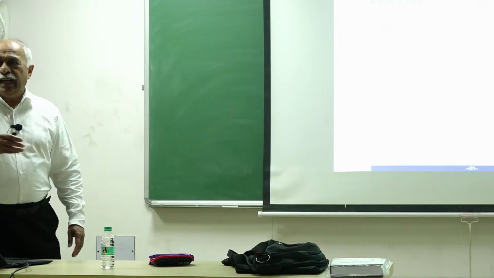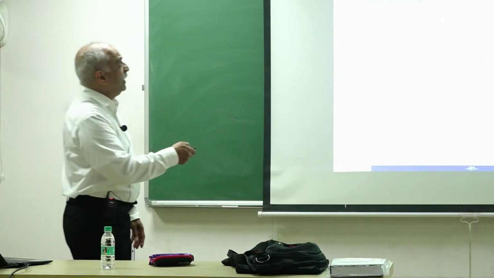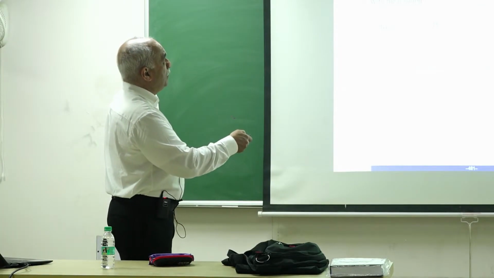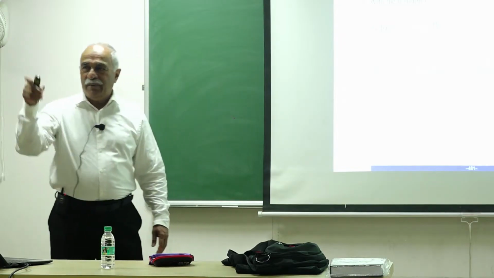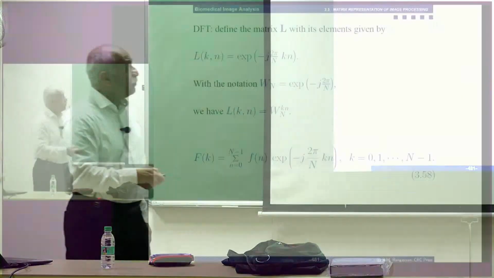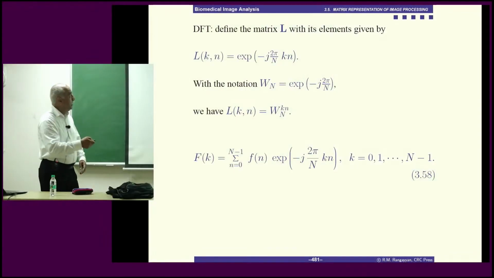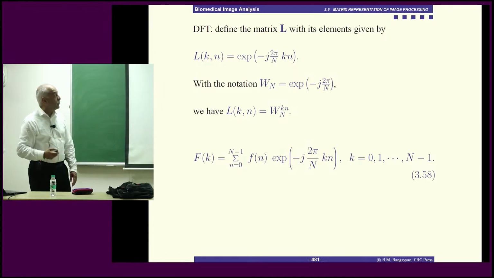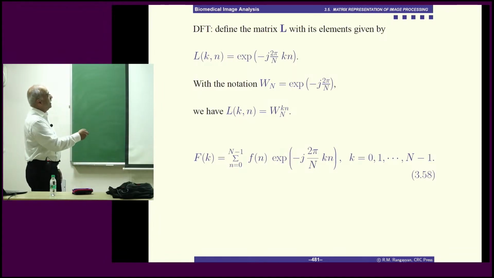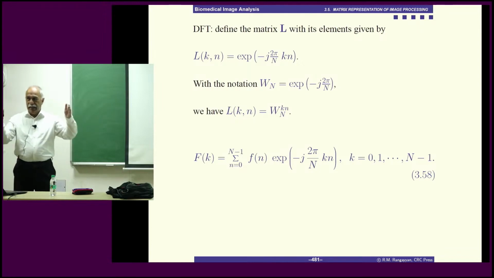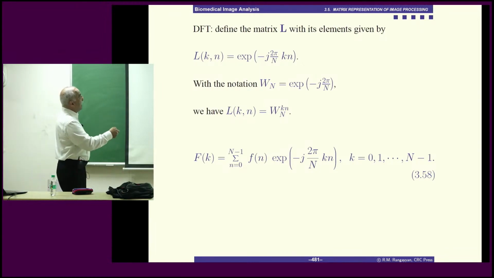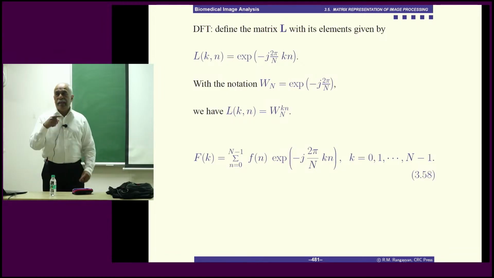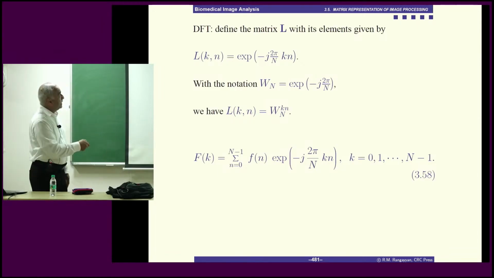Now in the FFT algorithms, typically this is written as W subscript N, exponential minus j2 pi over N, where the frequency index is taken out, or both indices are taken out. It depends only on the number of samples in total in the signal and DFT. Then L_kn, the knth element in that matrix, is W_N to the power of kn.